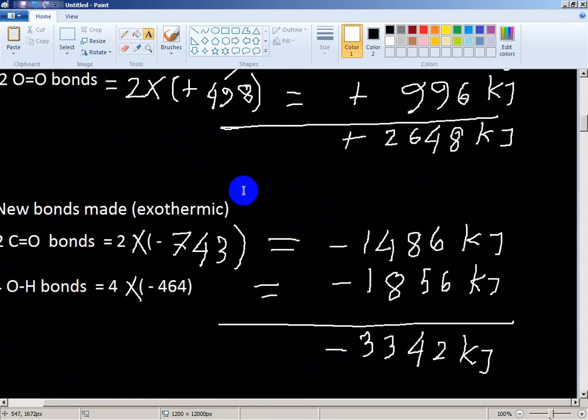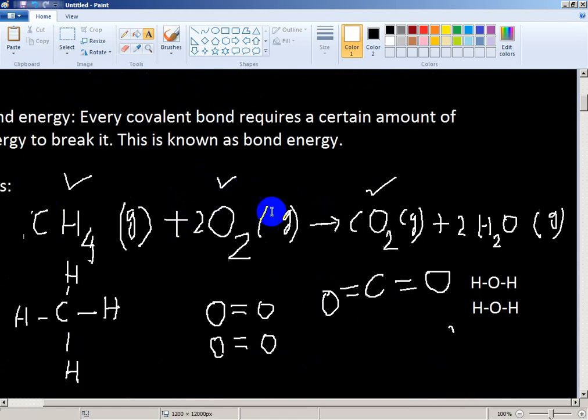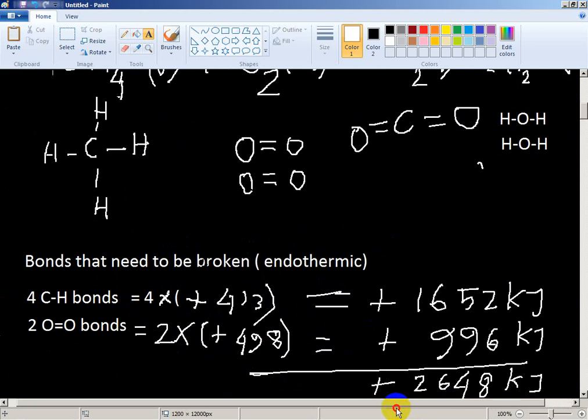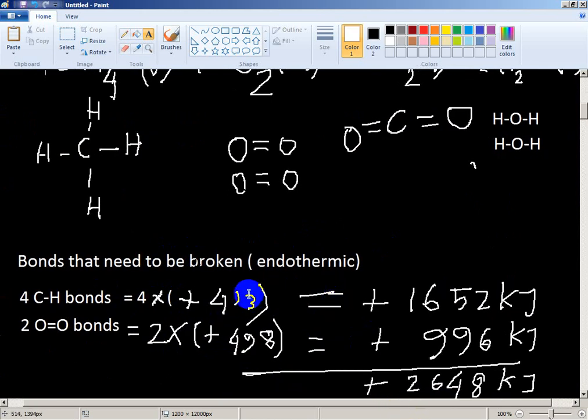At first we write the reaction, then we will write how the bonds are formed. Then we will find the bonds that need to be broken, this is endothermic.